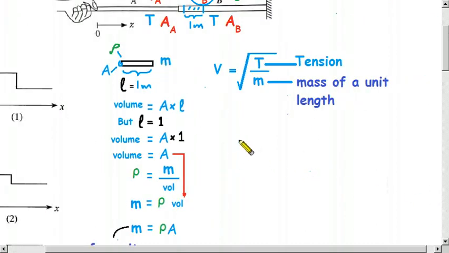Here we have to substitute that term into this equation. So let us write V equals root of capital T, which is common for both, divided by M, and the mass of a unit length is rho times A, area.